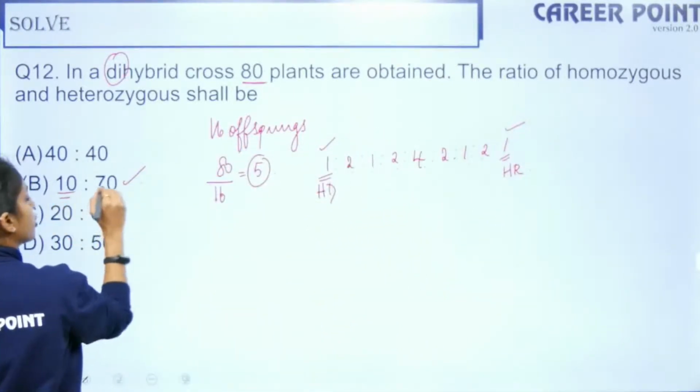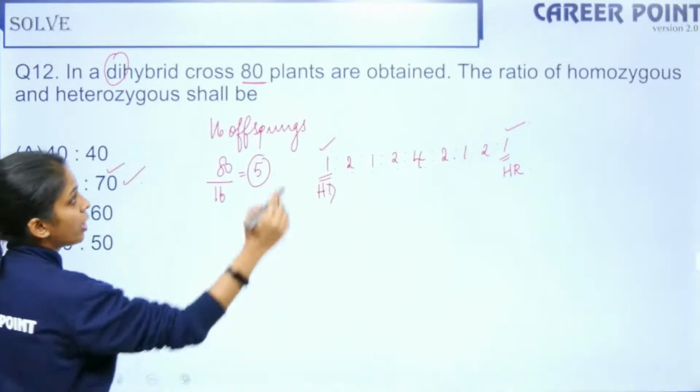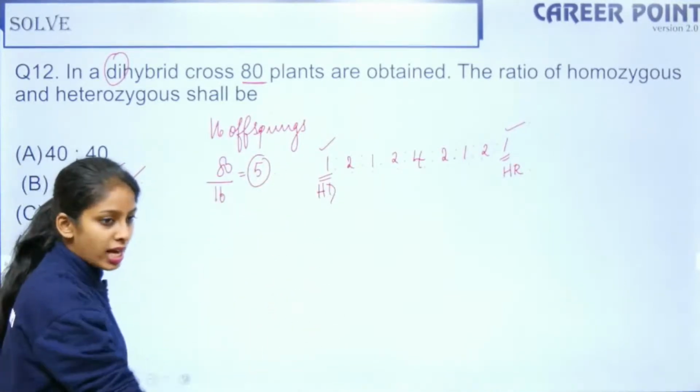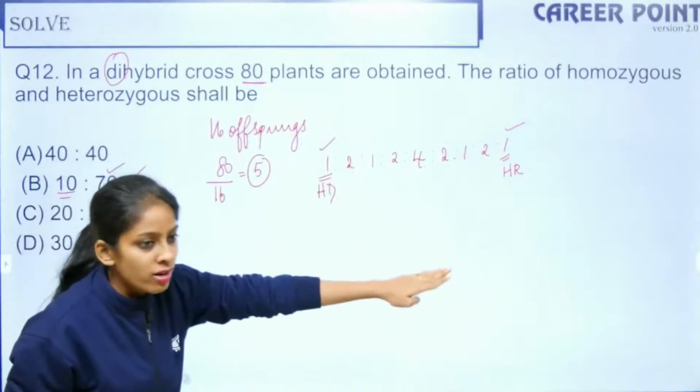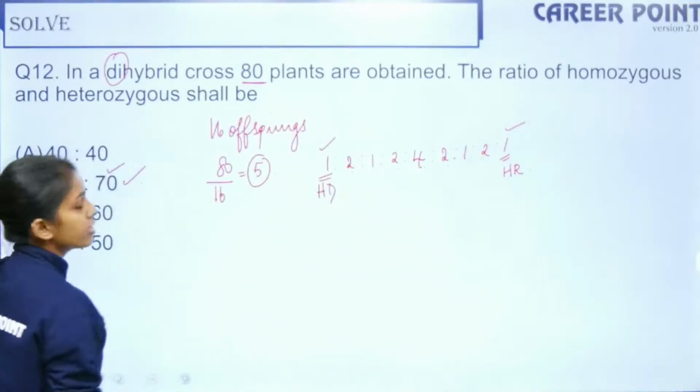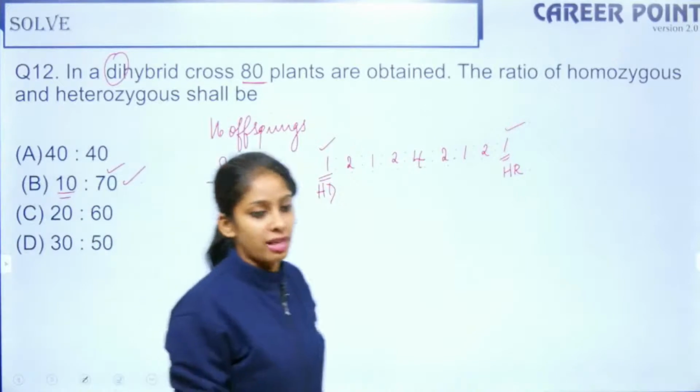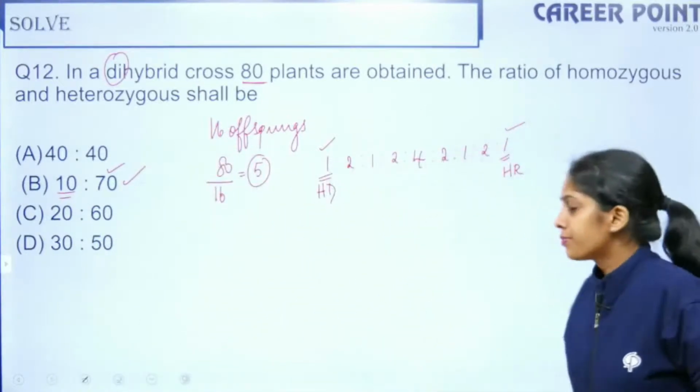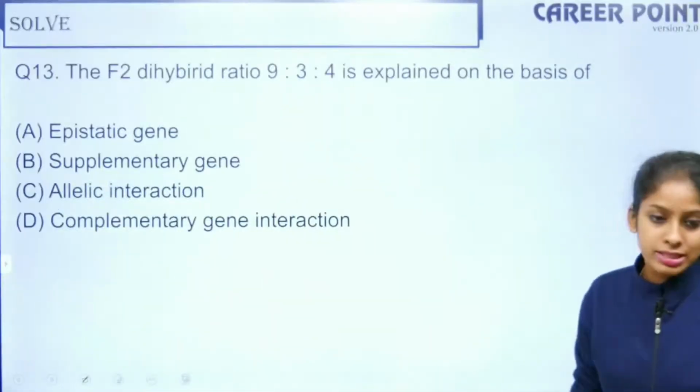So it is 10 to the remaining, that is 70. They want the ratio of all the homozygous dominant as well as homozygous recessive. So it is option B, that is 10 is to 70. Okay, clear?